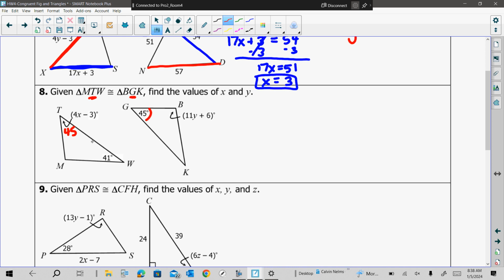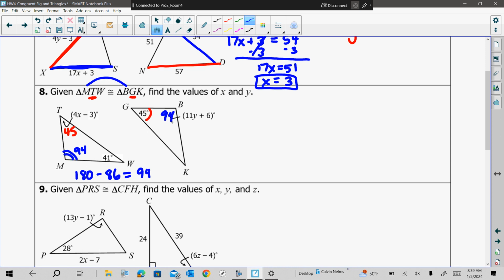And now that I have these two angles, I can find the missing angle M by doing 180 minus the sum of those two angles, which is 86. Let me rewrite that. 180 minus 86. That comes out to be 94. So M maps to B, which is also 94.